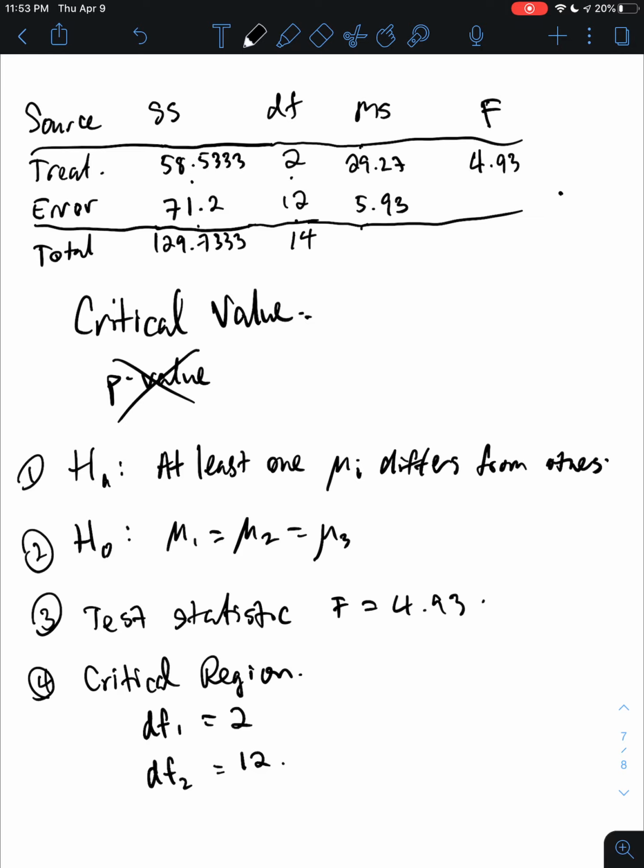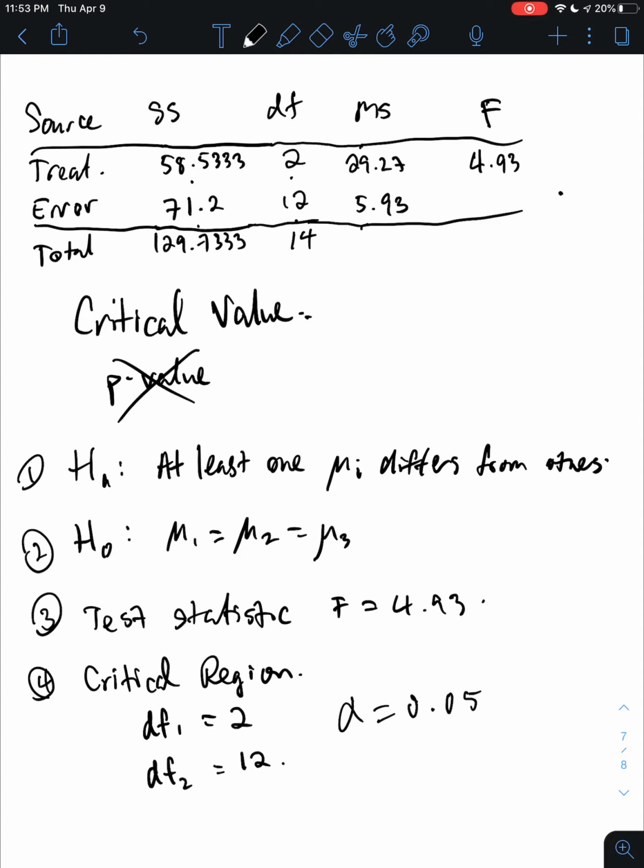Finally, one other thing that I forgot to mention is that, of course, we need to know alpha for our test. And I haven't specified alpha, so that means we're going to use alpha is 0.05, as always, if I don't specify it. If I do specify it, you have to look up accordingly in the table.